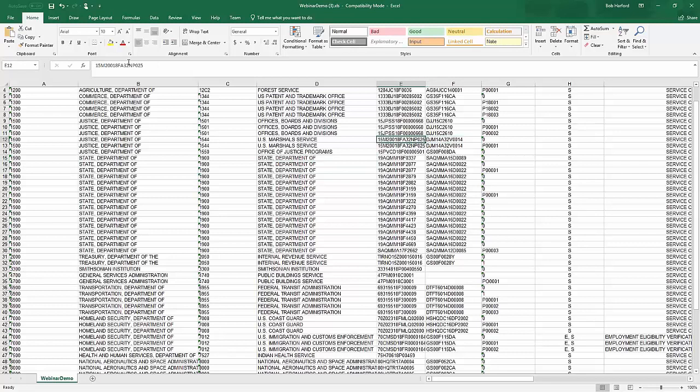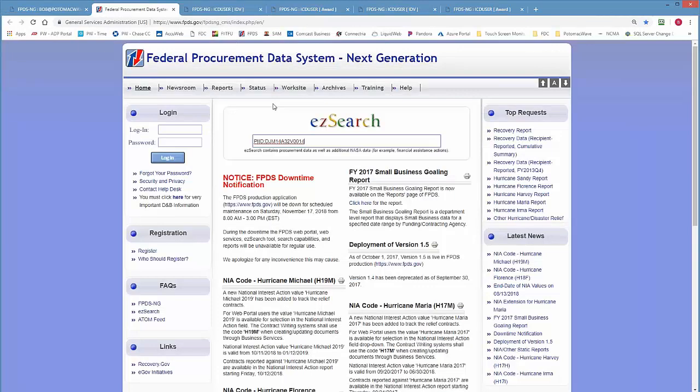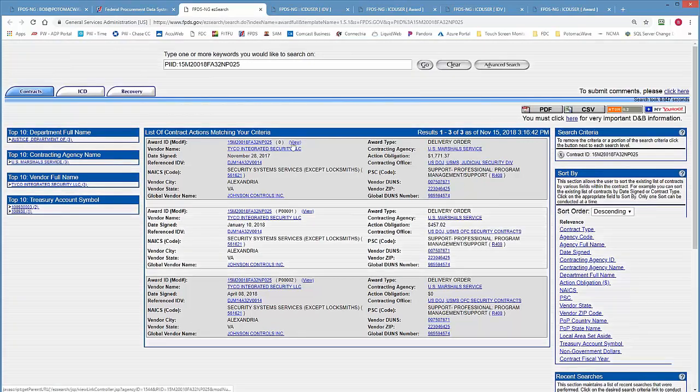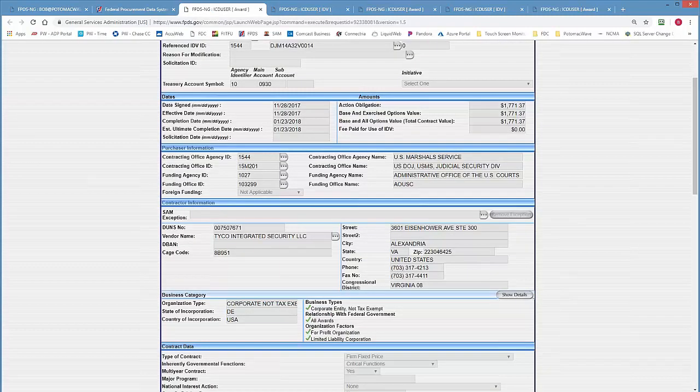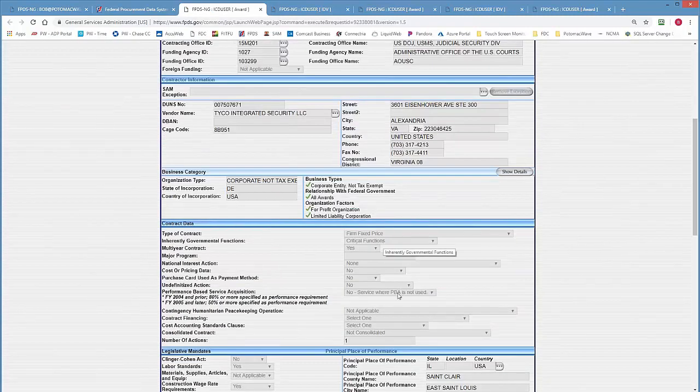That's the item. There you go. That should do it. Let's see what we got here. Not a very high dollar value, but they did come up with a critical function.